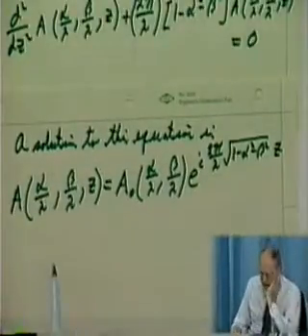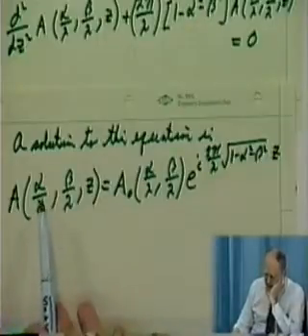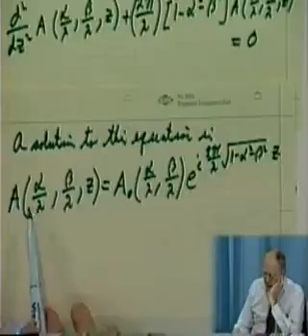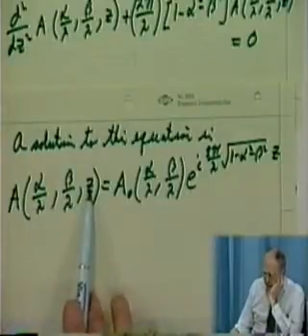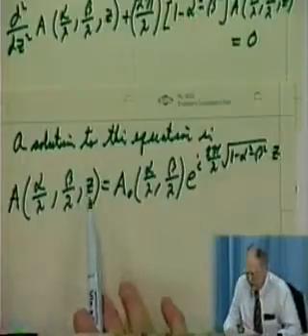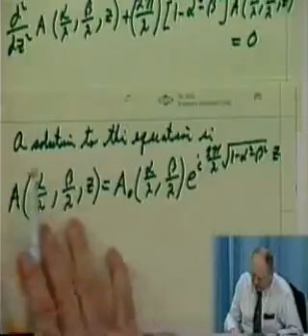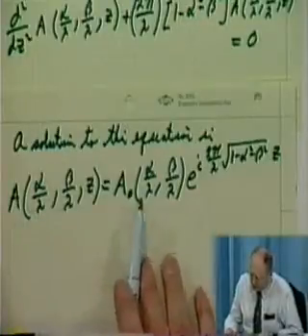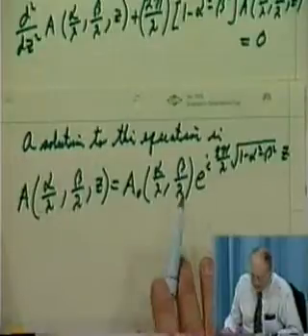Okay, so this gives us the plane wave spectrum here in terms of the plane wave spectrum in the plane where z is equal to 0.